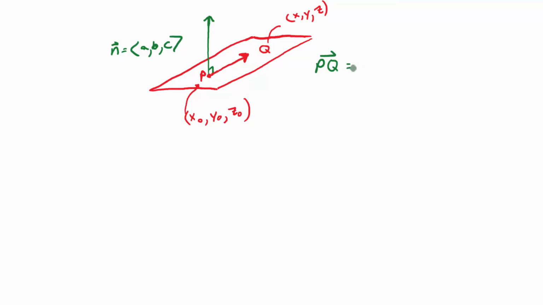Can you tell me the component form of PQ? Do you remember how you find component form? You're going to take the tip minus the tail, right? So what would PQ be?